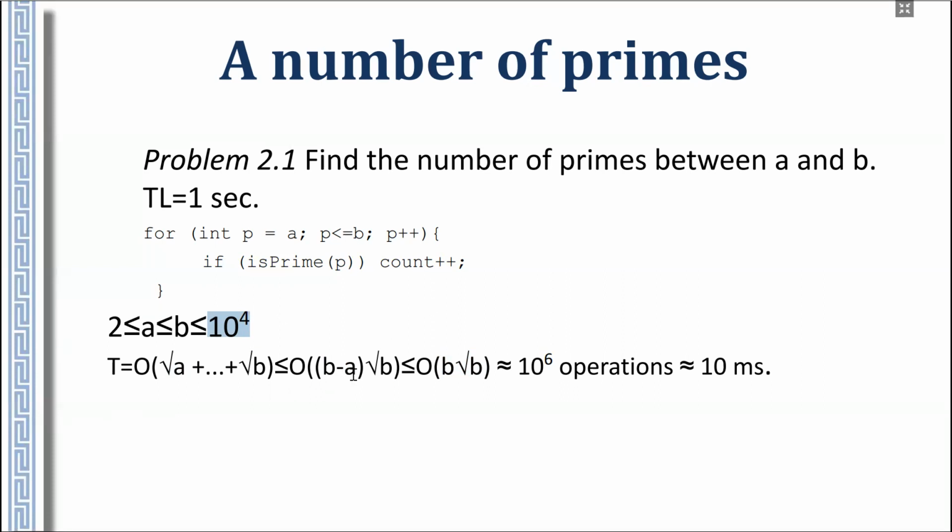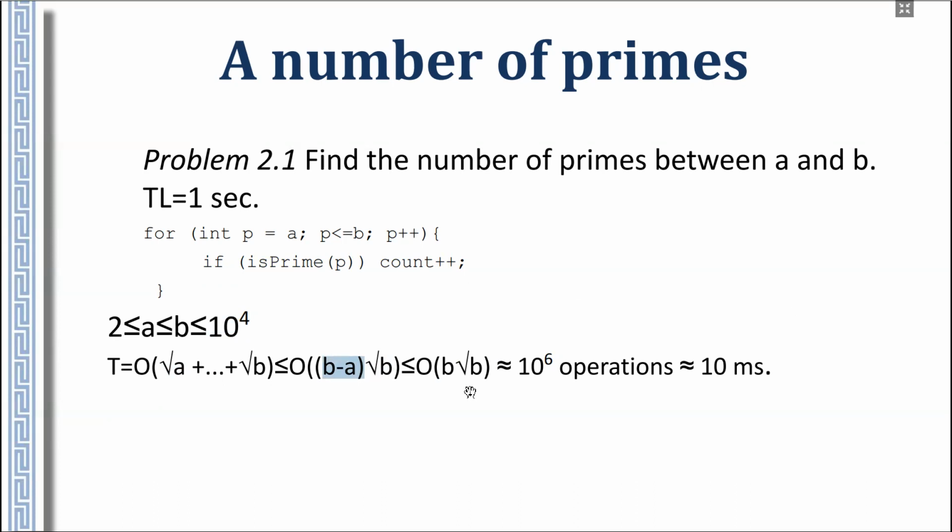But at the same time, you can see that if A and B are very big, but B minus A is still very small, for example, our segment is just 10 long and B is 1 million, so it is like primes from million to million plus 10, then it is still very fast, because B minus A is 10, and square root of B is just 1000, so it is 10 to the 4 operations.